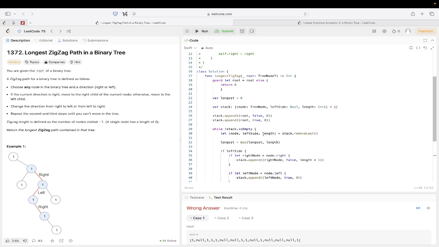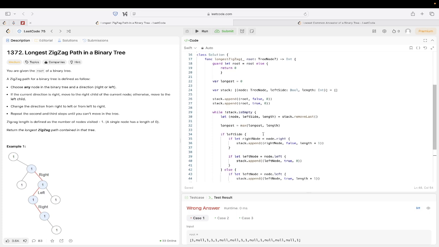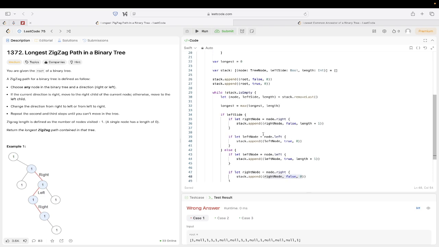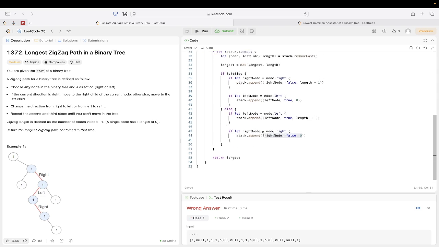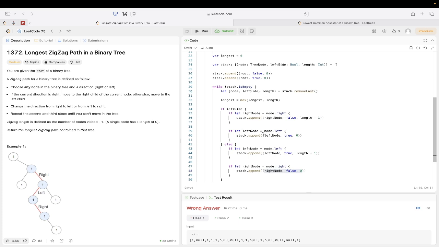Okay, so we have our guard statement. So that's not it. We have our longest. We have our stack. While it's not empty, we remove our last. Our max length is the max between our longest and our length.